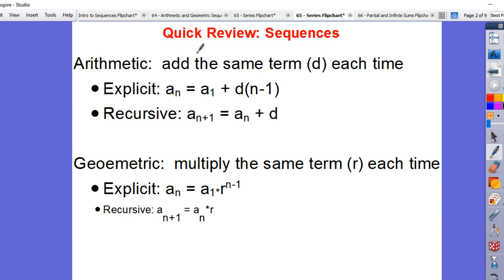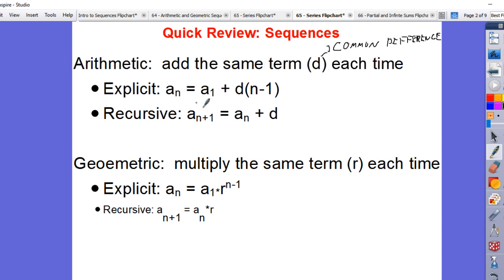An arithmetic sequence: we add the same term D, which is the common difference, each time.